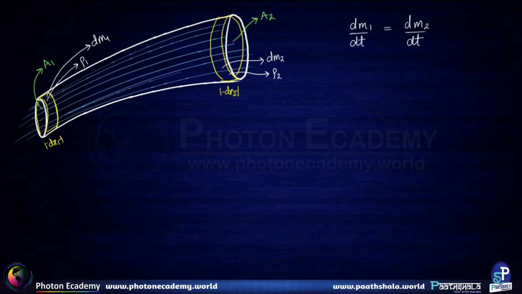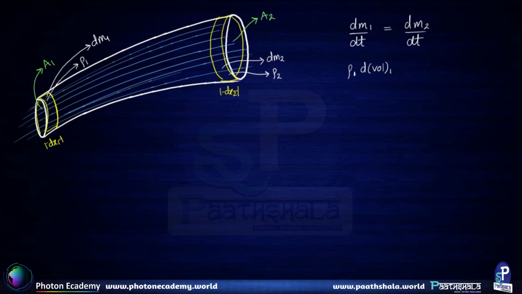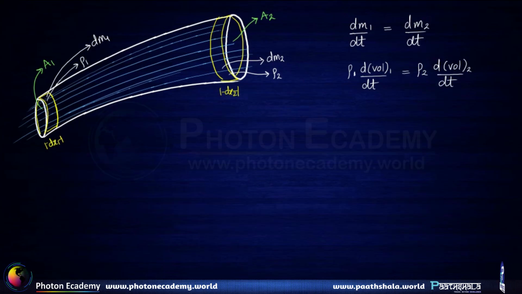Now we understand that mass is nothing but density into volume, so we'll have here ρ1 into d volume 1 by dt is the same as ρ2 into d volume 2 by dt. This we understand.